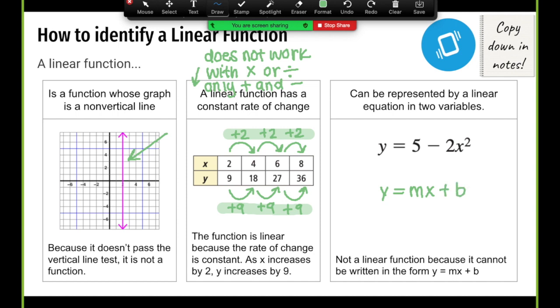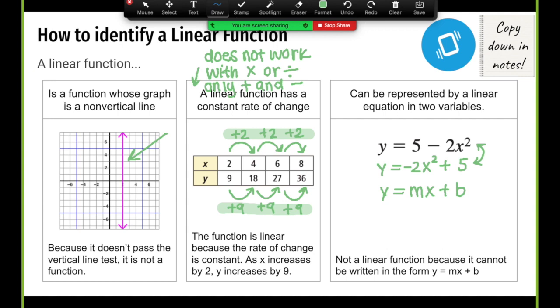The way I'm going to do that is I'm going to move this number to the opposite side. So I'm going to swap them out. So instead, I'm going to have y equals negative 2x squared, since this number was negative, and then I'm going to add 5, since 5 is a positive number. And so these are still equivalent to each other.